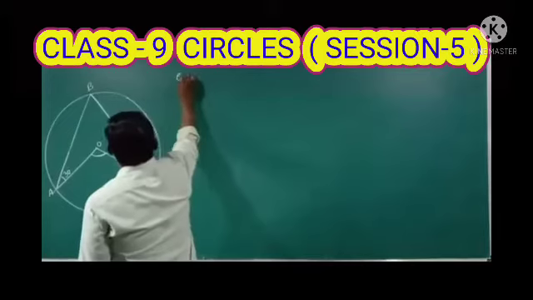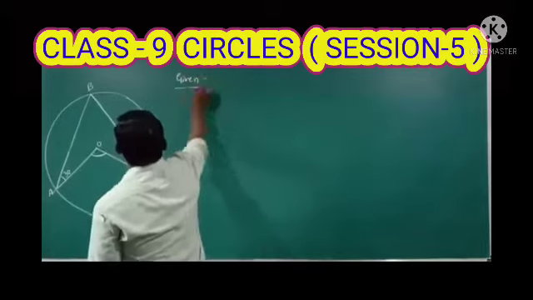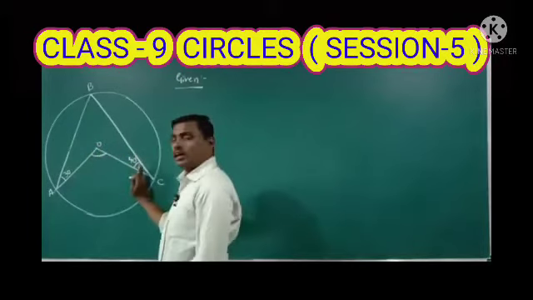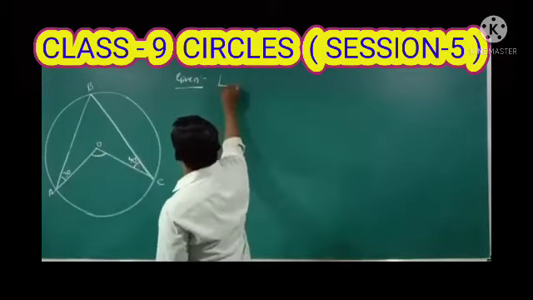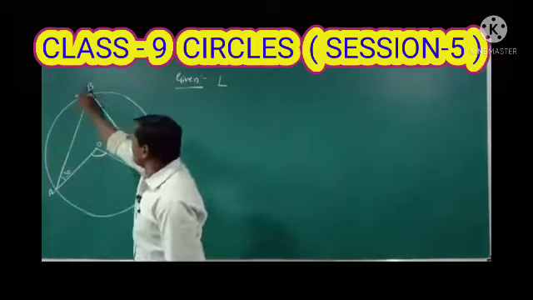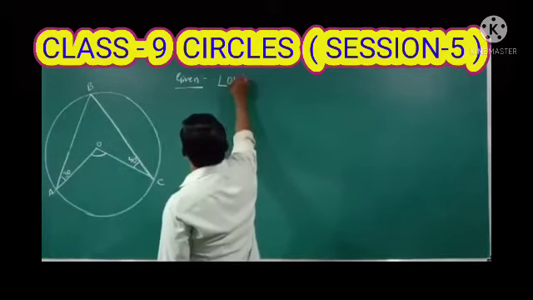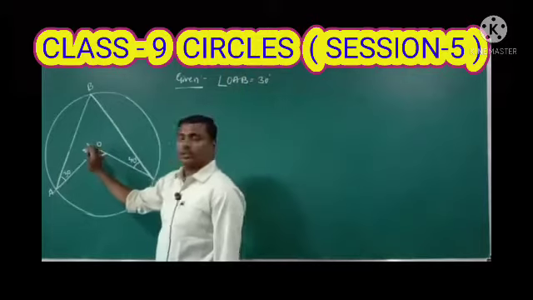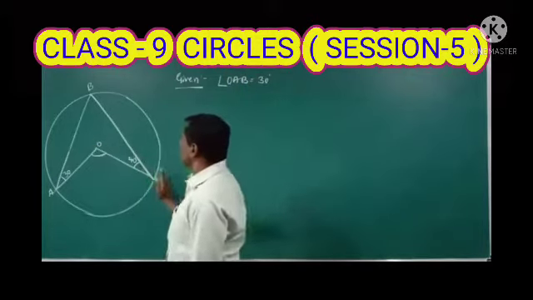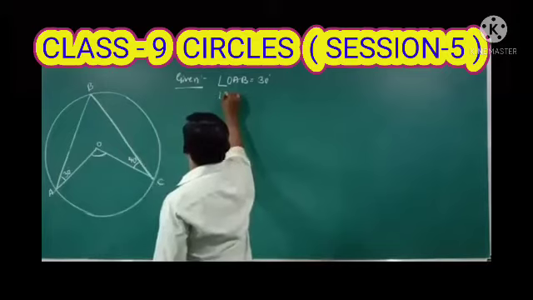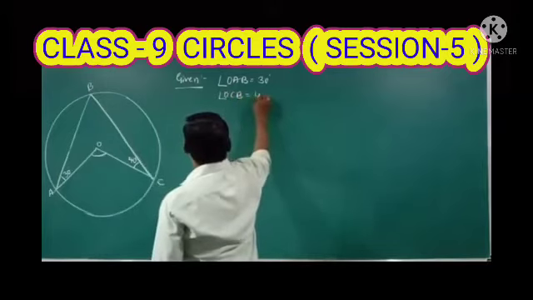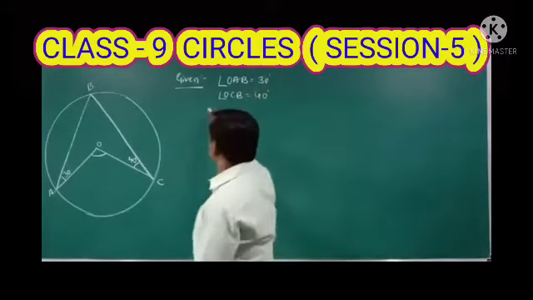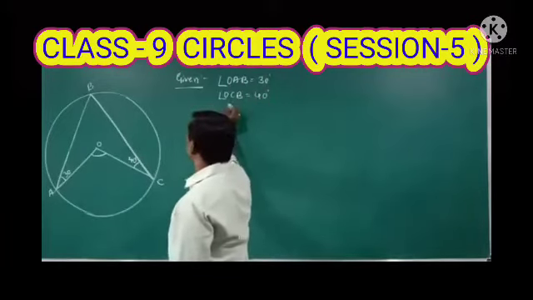First write the given data. What is given here? Two angles are given. Angle OAB is equal to 30 degrees, and angle OCB is equal to 40 degrees. Next, what do you have to find here?